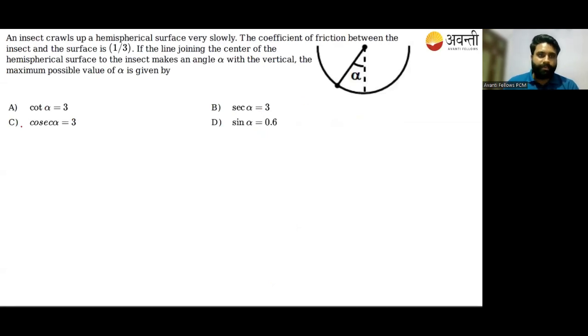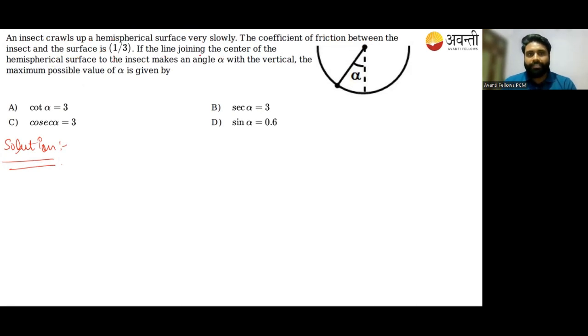Now the solution of this question. Firstly, what is given in the question? An insect crawls up a hemispherical surface very slowly. The coefficient of friction between the insect and the surface is 1 by 3.